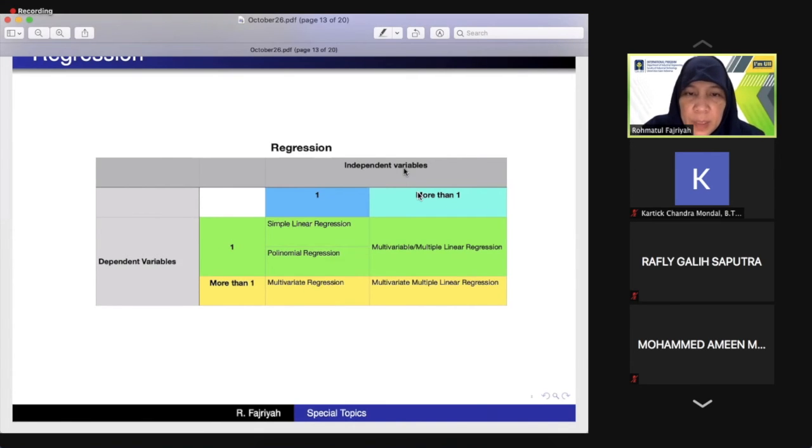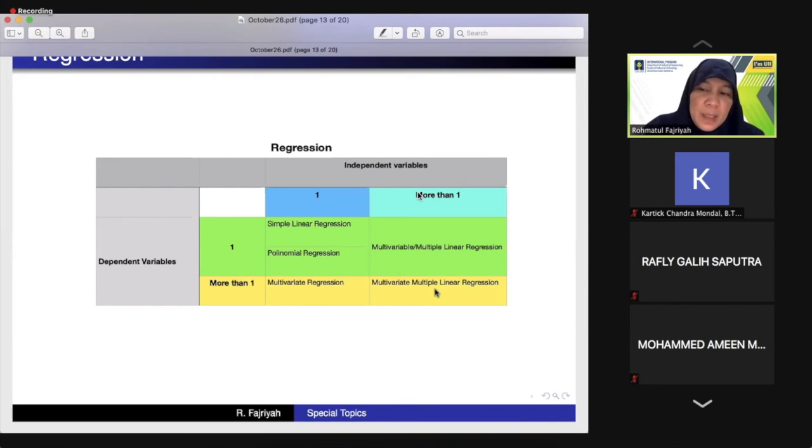If your independent variable is more than one, for example 2, 3, 4, and so on, but your dependent variable is only one, you can produce multivariable or multiple linear regression. And for more than one dependent variable, you have multivariate multiple linear regression.